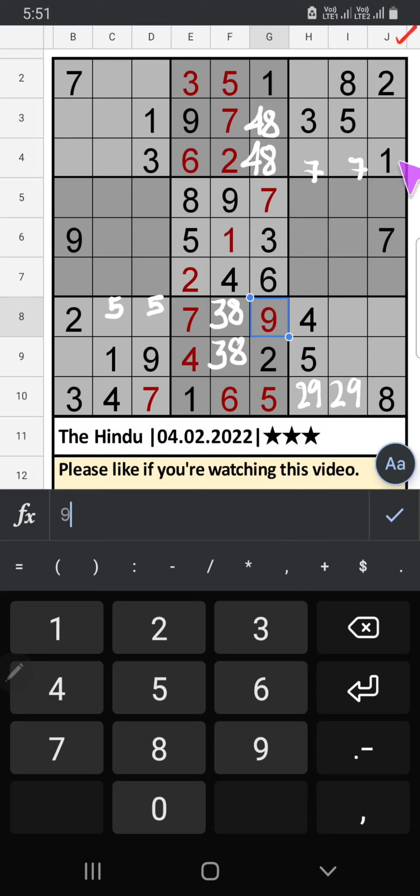Column J we have 1 and 7. So 1 and 7 can't come in these cells. It will come in any one of the cells. 8th row we have 7. So 7 can't come in this cell, 7 is confirmed here, then 1 is here. 9th grade, only 2 numbers are remaining, 3 and 6. We will confirm later.